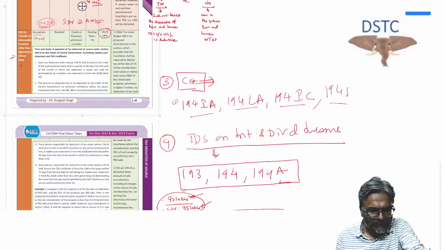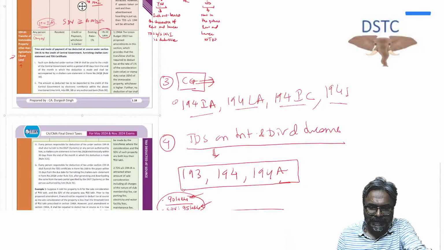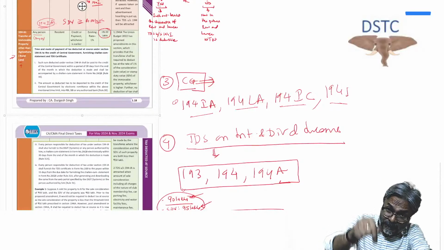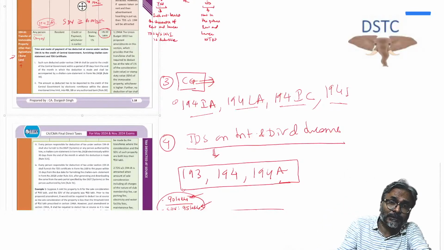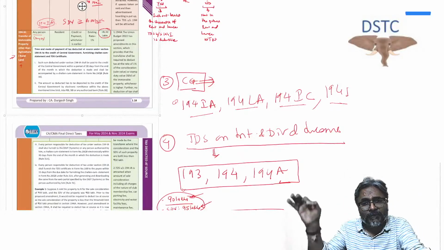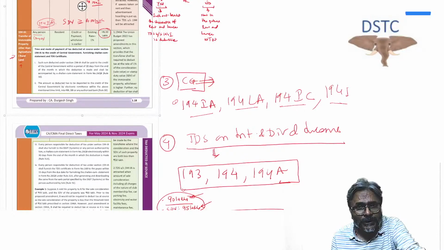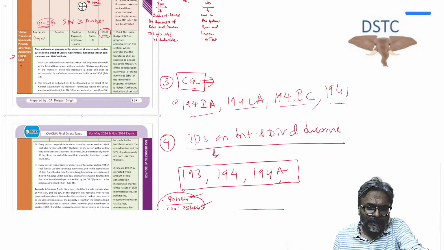That is the point, students, in this context. So one of the two is what needs to be looked upon, that is either the stamp duty value or the consideration amount. If it is exactly 50 lakhs, even that is sufficient for creating the obligation to deduct the TDS under 194IA.